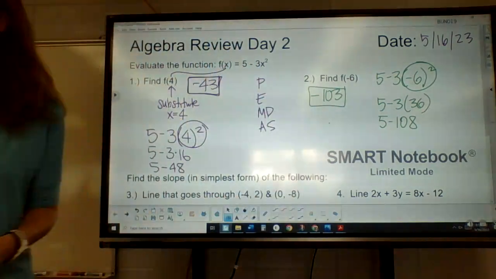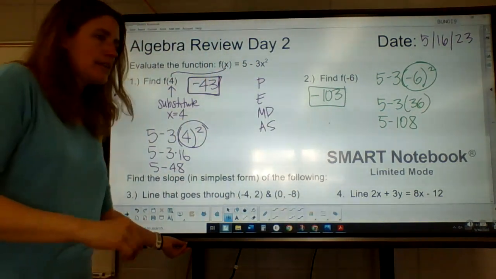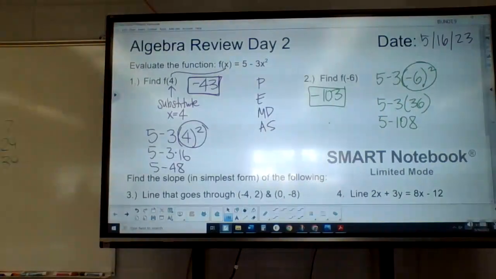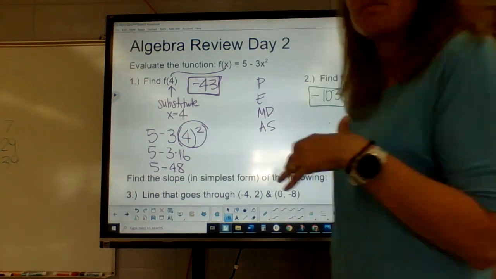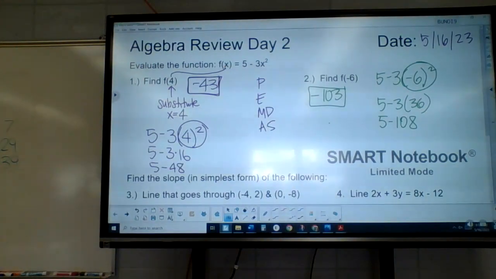I know it's a slight technicality, but if I have a positive 100 versus a negative 100, that's a pretty big difference. Like if I'm talking about a $100 bill versus I owe someone $100, it's a big deal. So making sure that makes sense to you guys, okay?